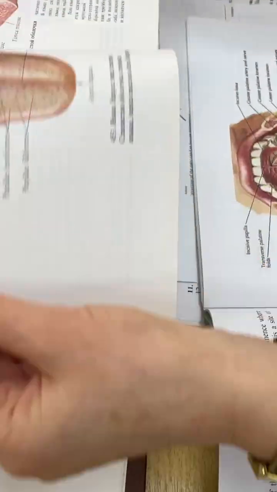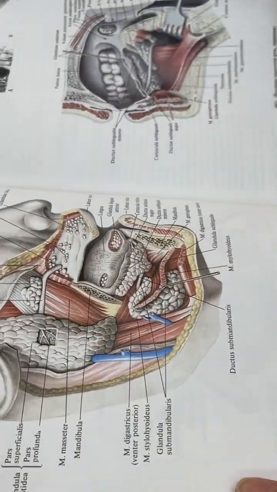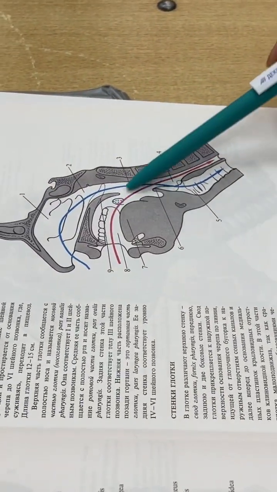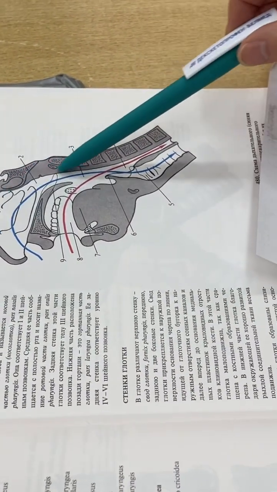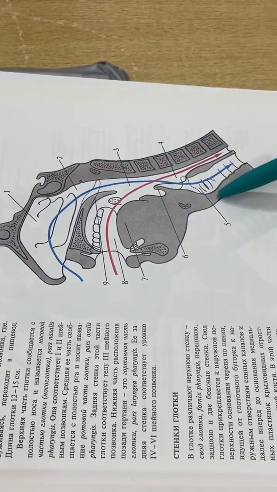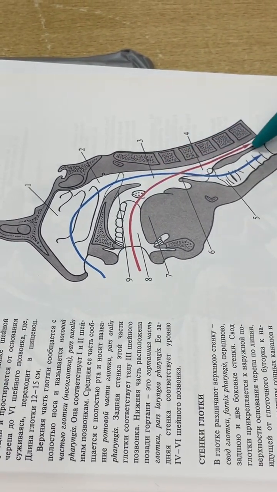Okay, so this is about the functions of these muscles. When we look at this picture, this is more about the pharynx, but anyway, we see the pathway of the air like this, and we can see the pathway for food like this.